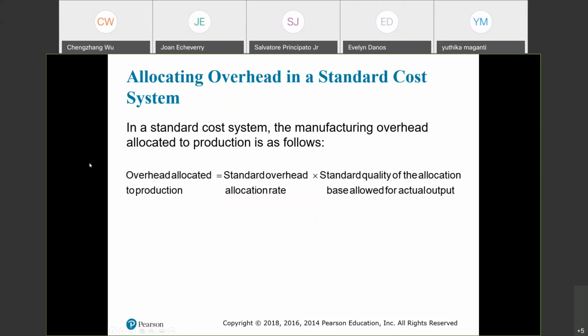So in a standard cost system, the manufacturing overhead allocated to production is as follows. Overhead allocated to production equals the standard overhead allocation rate times the standard quantity of allocation base allowed for the actual output.